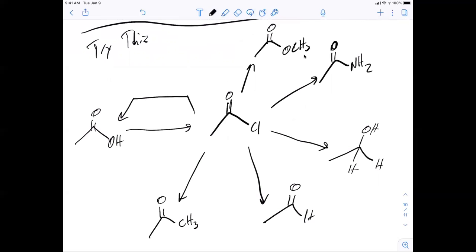Okay, so let's take a little time, go back through your notes, and let's complete this reaction sequence for acid chlorides.